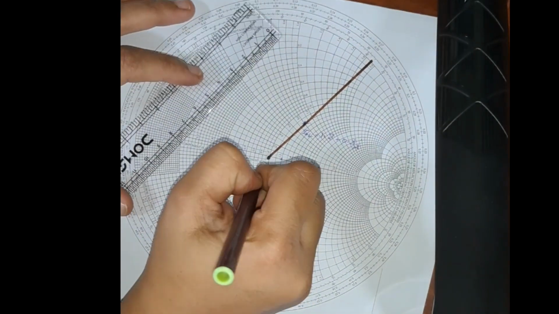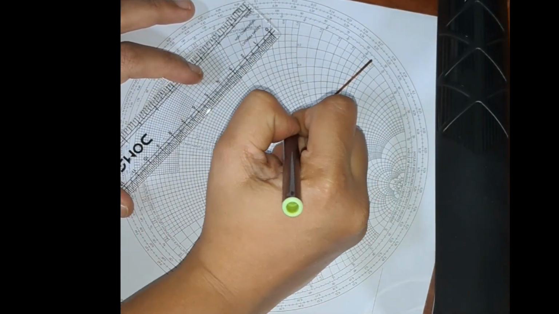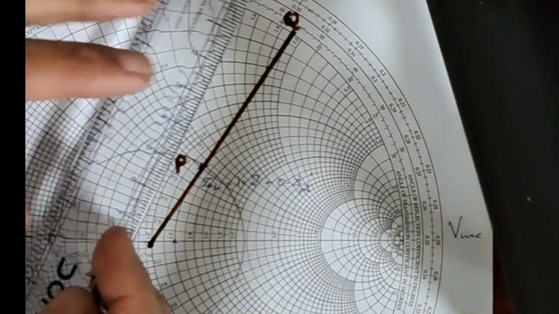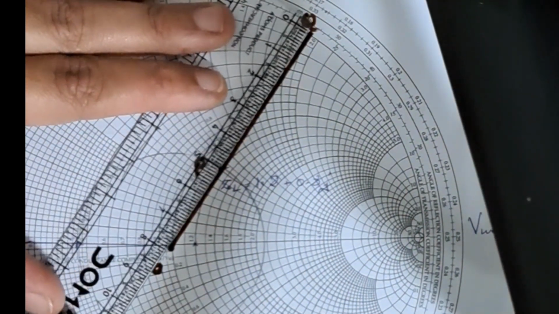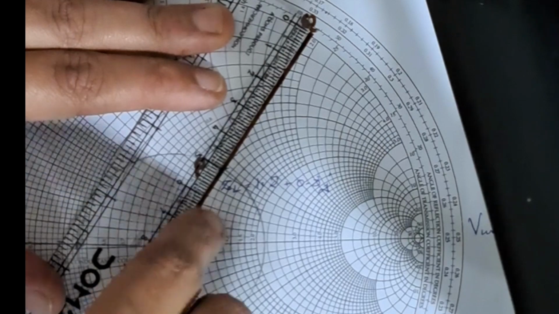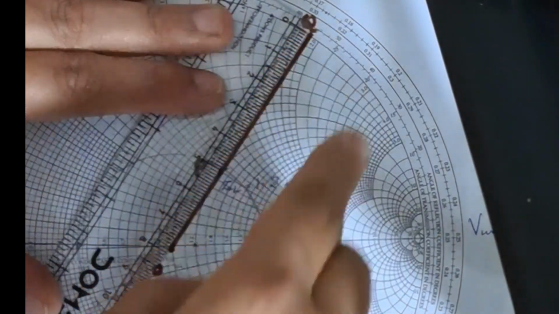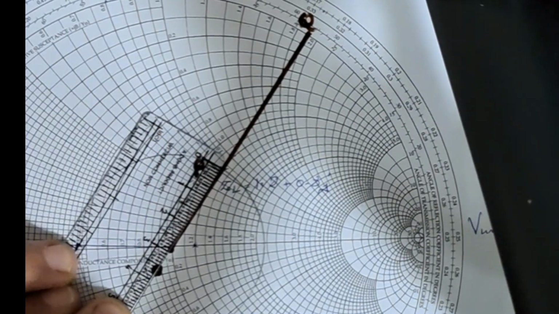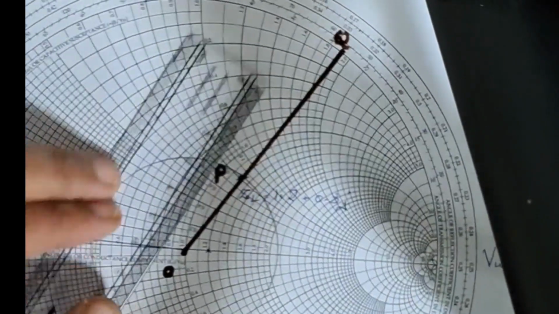Let me write this as some O, P, Q. How do you measure the reflection coefficient? See, that will be OP divided by OQ. So how much am I getting for OP? OP I'm getting somewhere around 2.6.